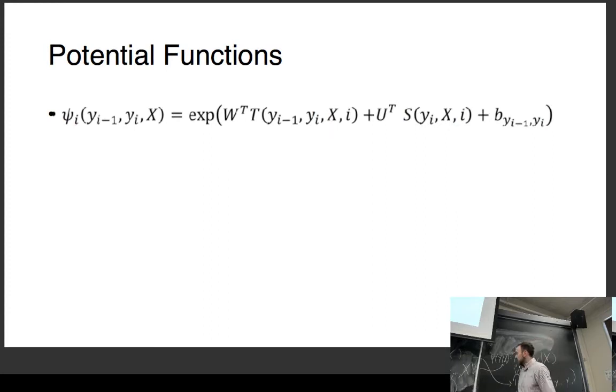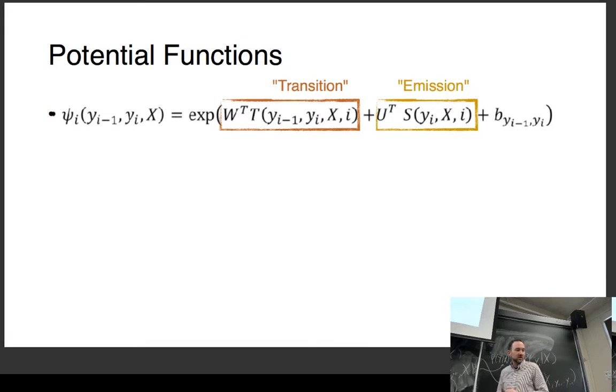So then how do we calculate these potential functions, or how do we calculate these scores? Basically, we can calculate a score for every transition, where the score is the thing inside the exponent. If you take the exponent, you can turn it into a potential function, either way, whichever one you prefer. So here we have two different elements to this. The equations may look a little bit scary, but basically this is a transition, and this is kind of an emission score.